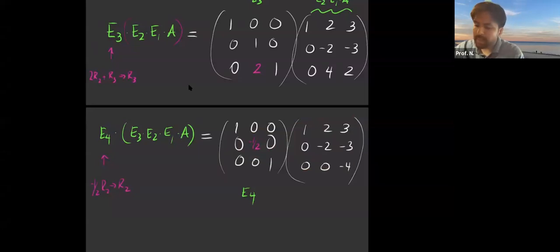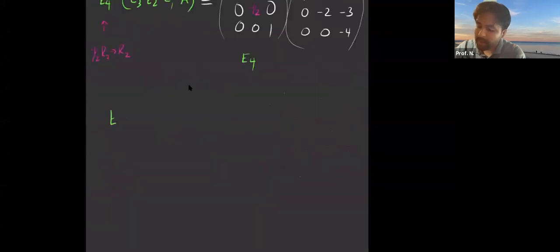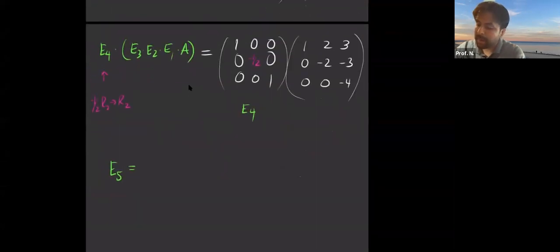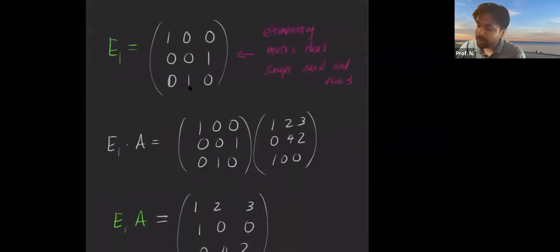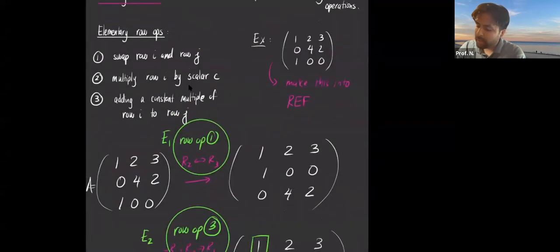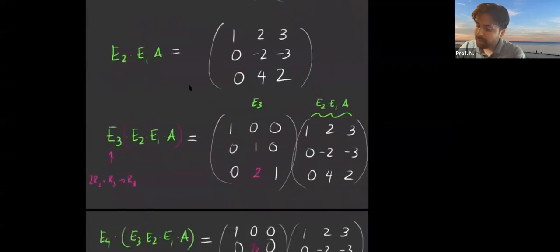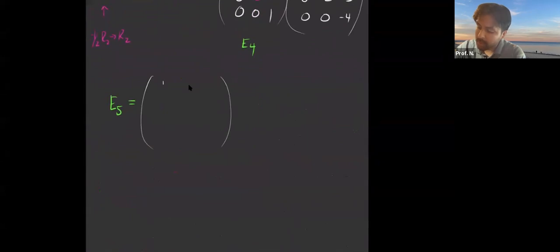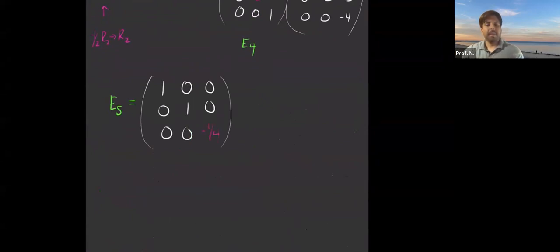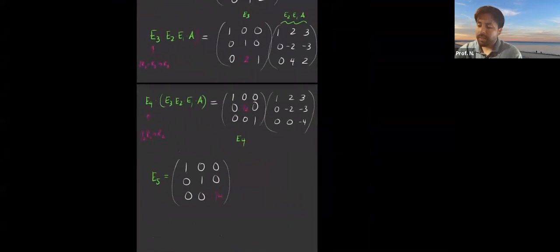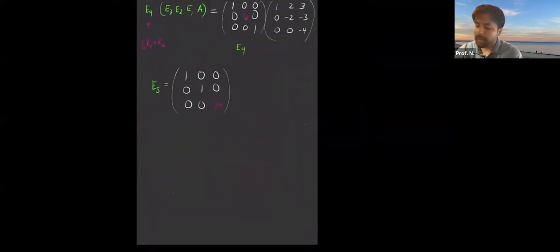And then E5 is the same idea. What is E5 going to look like? I want the third row to be multiplied by -1/4. So I'm going to have something that looks like this: 1, 1, 0, 0, 0, 0, 0, 0, and this is -1/4. So when you multiply these matrices on the left, what happens?